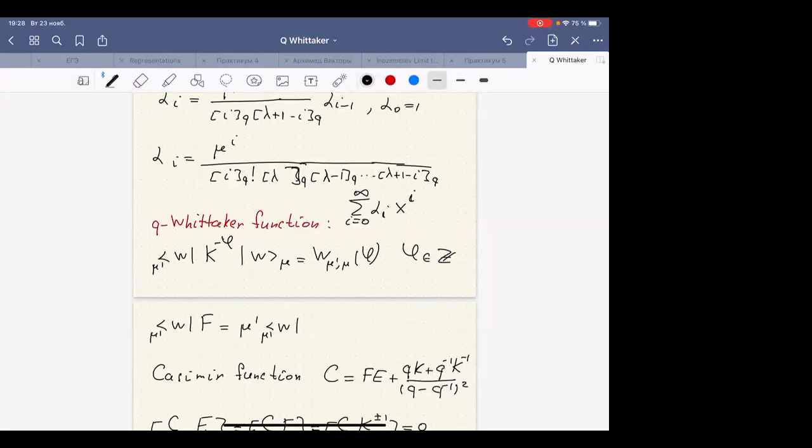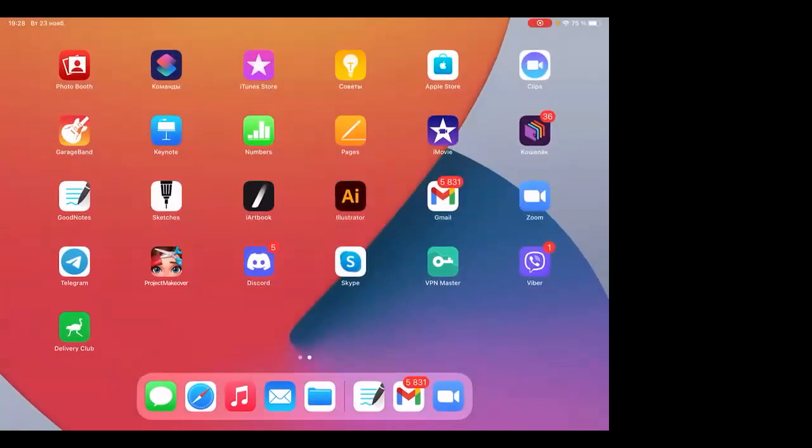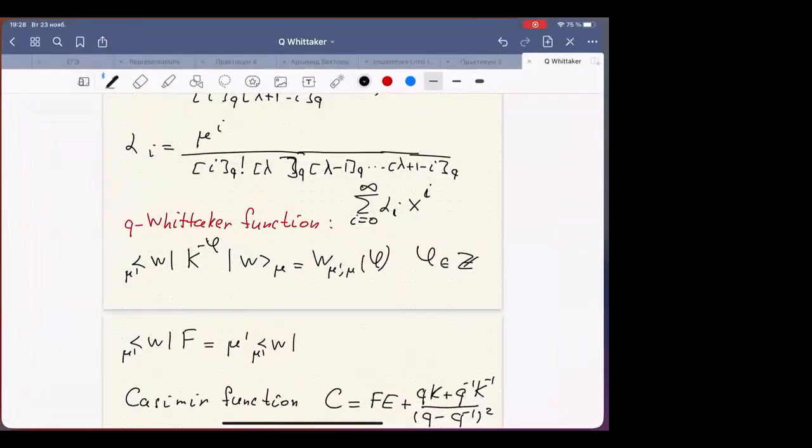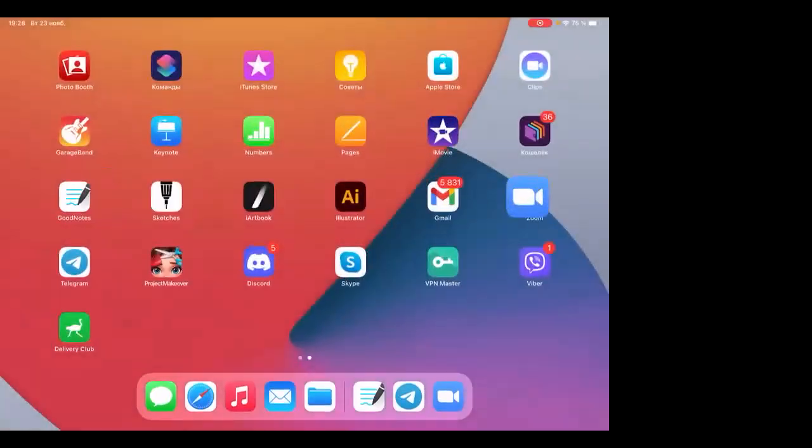Maybe for higher ranks, but without so explicit calculation. One moment, let me. I think that my screen is not very important now. I will stop sharing and let me try to.